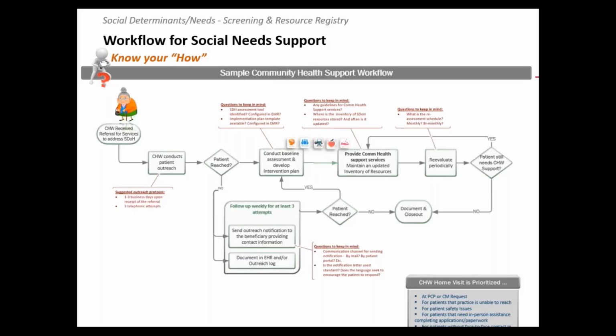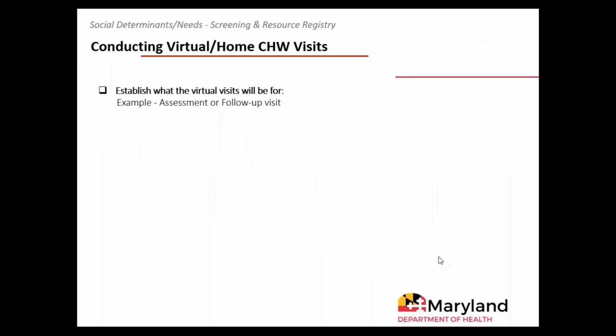And we see at the bottom of our screen, home visits are conducted sometimes when a PCP or CM may request one, if the patient has been unable to be reached, if the patient has safety issues, if there is an in-person assistance check needed to help our patients complete some assessments and some paperwork, just to name a few examples. So what goes into planning this home visit that the community health worker is going to conduct?